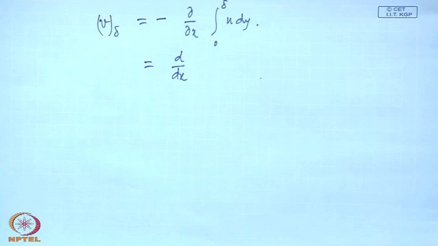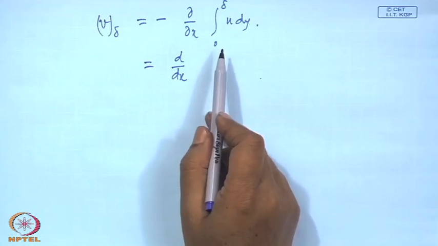U E into delta star minus delta. How did you get a delta star minus delta? Since you have got a delta star, you must have brought in U E also here.